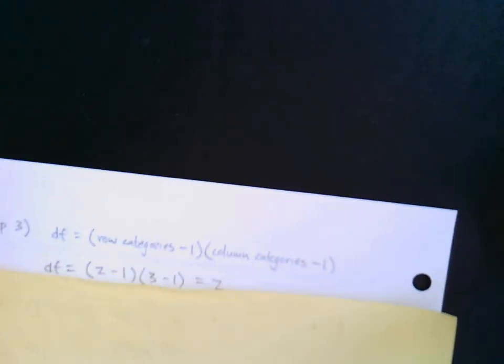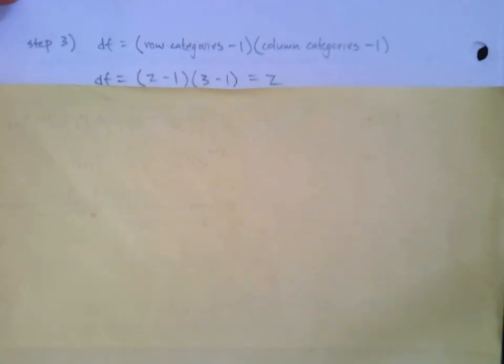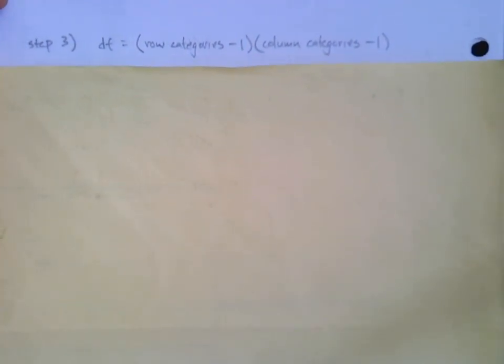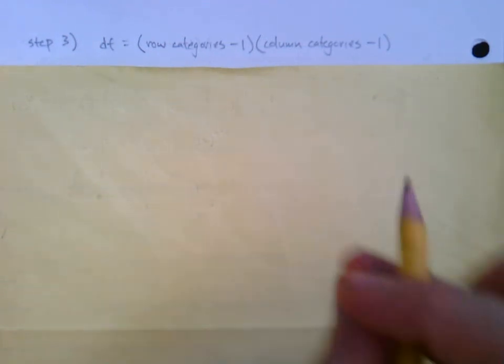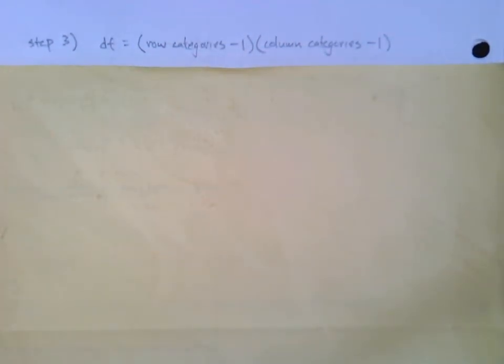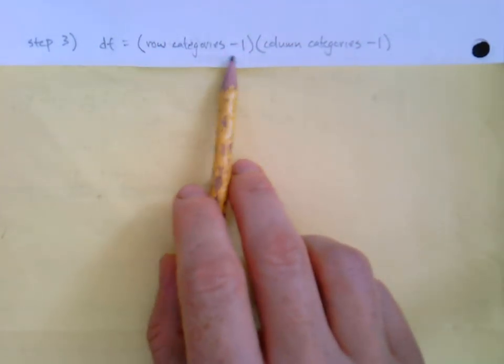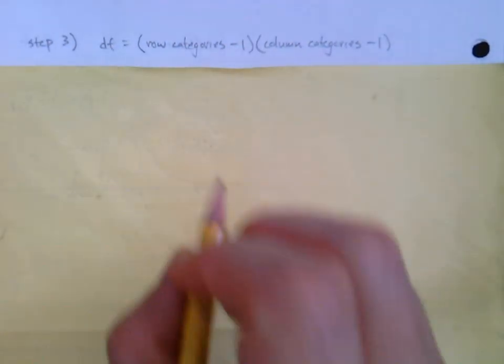But now we're just moments away. In step 3, the other difference in these problems is how you get the degrees of freedom. It's the row categories minus 1 multiplied by the column categories minus 1. We have the 6 categories, but there's overlap, right? So go back to that expected table.